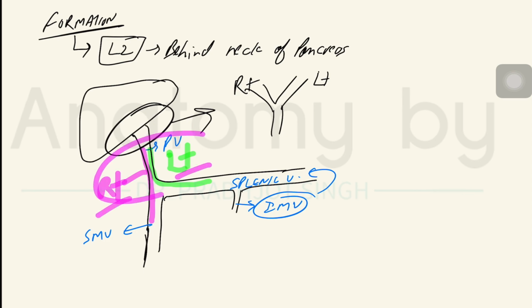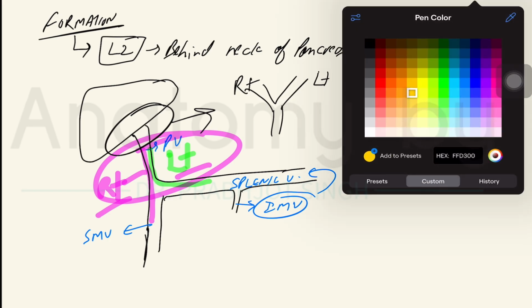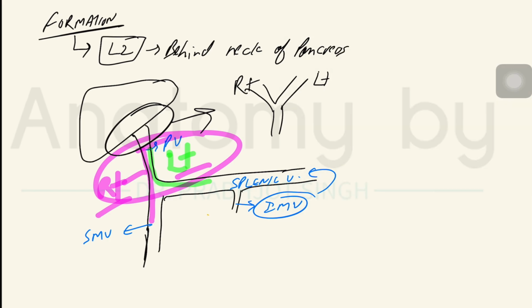So there is no mixing of blood. So what can you understand from here? That the blood from the superior mesenteric vein is received by the right lobe, and the blood from the splenic vein and inferior mesenteric vein is received by the left lobe.